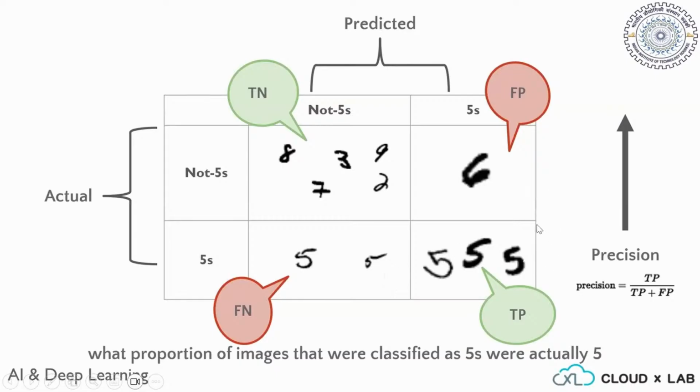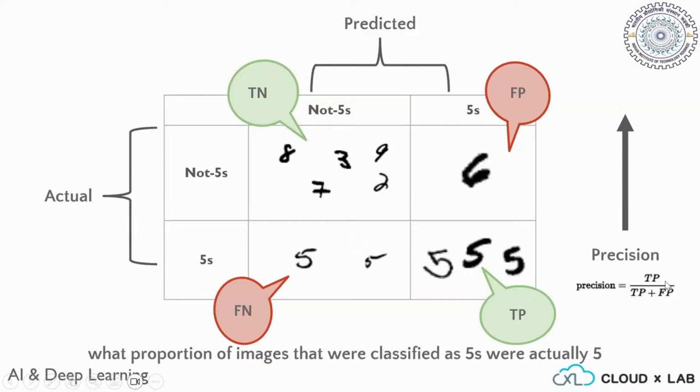Okay, so in calculating precision, we are calculating this ratio. True positive, this cell, divided by sum of these two cells, right? True positive plus false positive. Okay, so in numerator, we are having the cases where model is correctly predicting class 5.